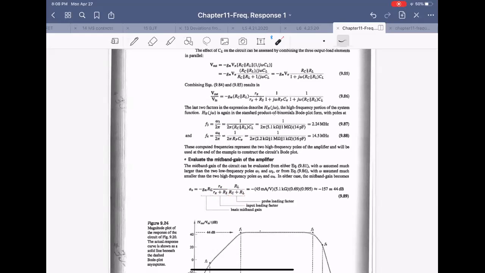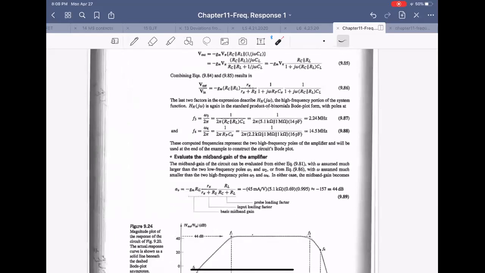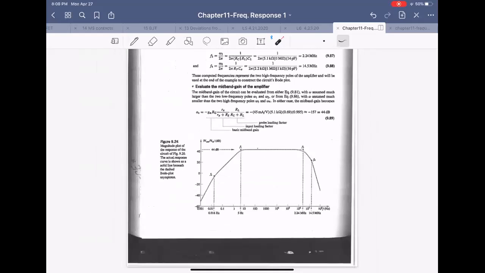So the gain is about minus 157 in midband. This is 44 decibels. And we try to put F1.